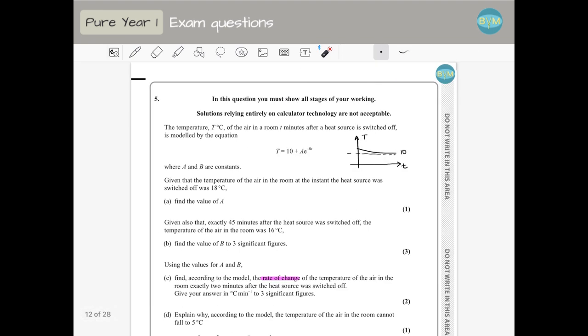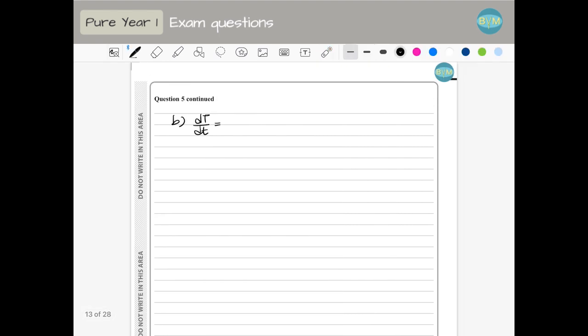When we differentiate this function, the 10 is gone, and remember A was 8, so I'm going to write the function here on one side with the constants. So this is 10 plus 8 e to the minus 0.00639t. Let's differentiate that. We have minus 0.00639 times 8 e to the minus 0.00639t.